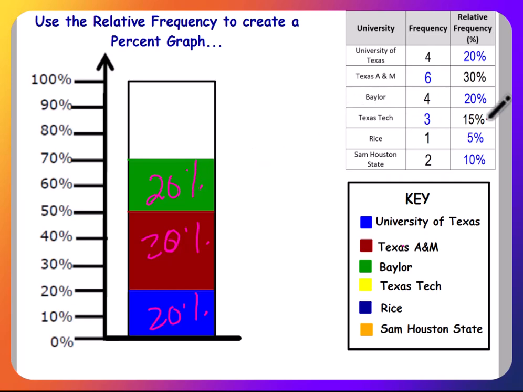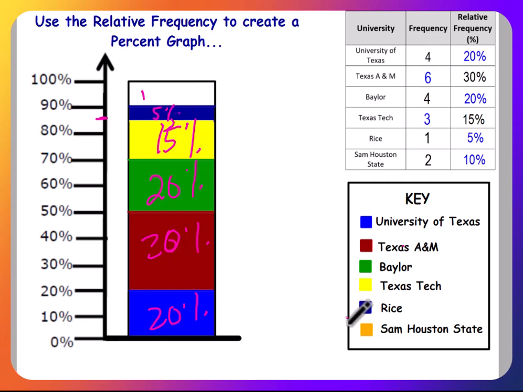Texas Tech has 15%. All right, so 10% plus 5%. 15% would fall halfway in between, wouldn't it? So there's your Texas Tech at 15%. Then you have Rice. I'm sorry, not 1%, Rice is 5%. So there's your Rice at 5%.